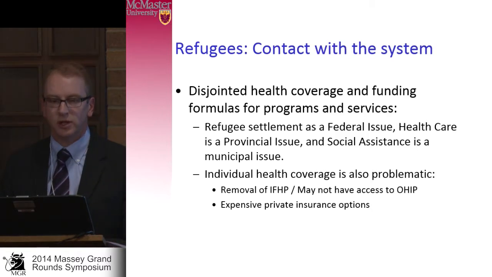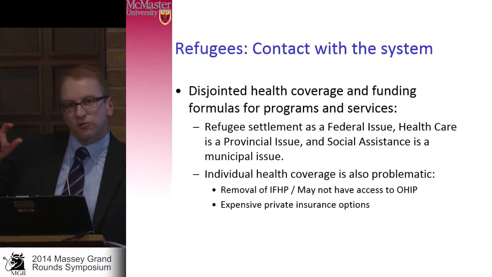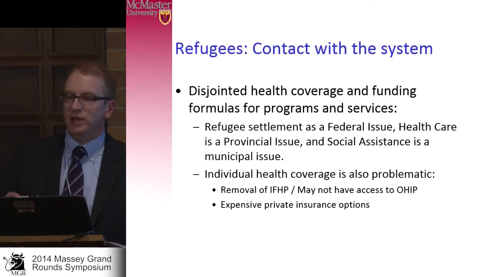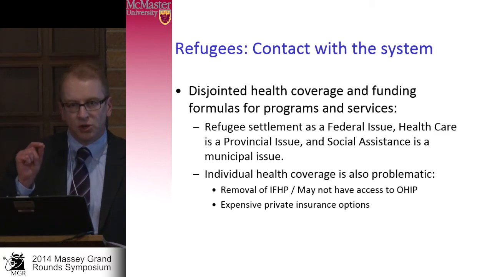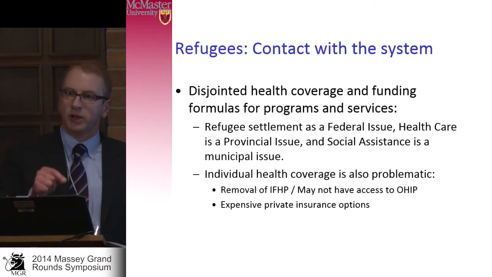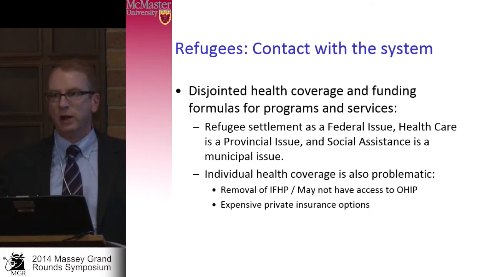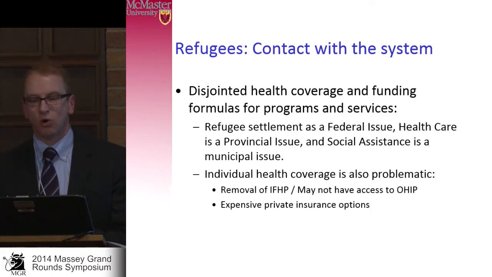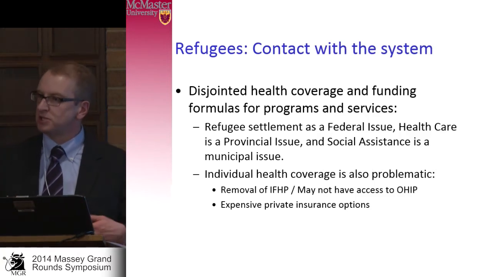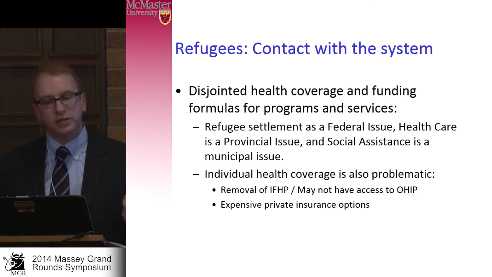From a refugee or an immigration perspective, settlement is a federal issue. And so the feds pretty much say, well, we've got the individual into Canada, we're done. Our role is over. Healthcare becomes a provincial issue, and social assistance, housing, and so on is a municipal issue.